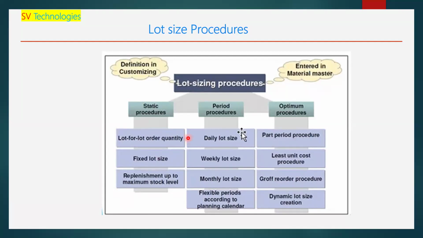For example, in net requirement calculation, let us assume the shortage quantity is 100. Then the system will generate either a planned order or purchase requisition for that quantity only, if you select lot-for-lot. Technically in SAP we use it as EX.